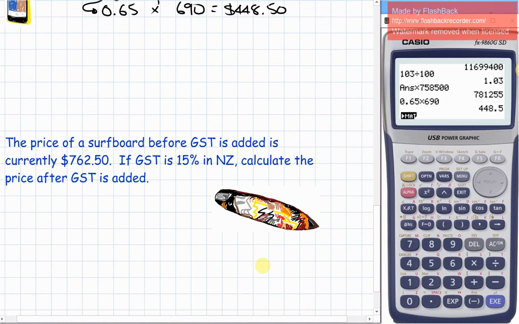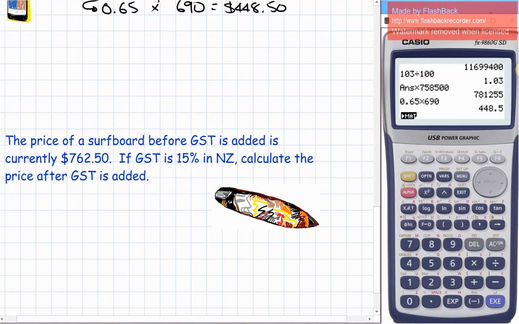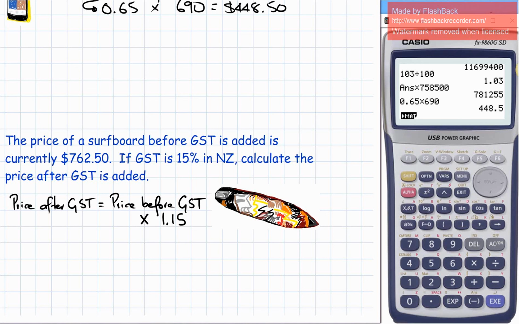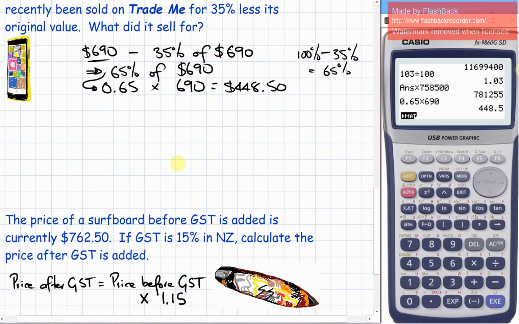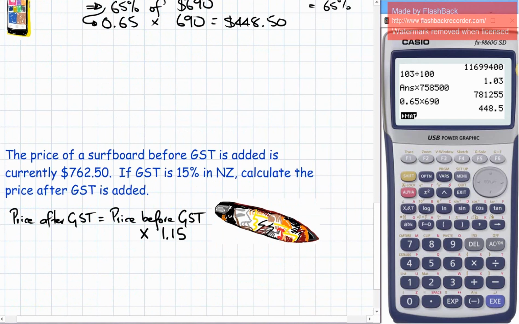Okay, surfboard. So with GST, one formula that would be good to commit to your memory is this one here. So to proceed with this type of problem using the previous process, we've got $762.50. That's the pre-GST price, and I have to add 15%. So I know I need to multiply it by 115%.